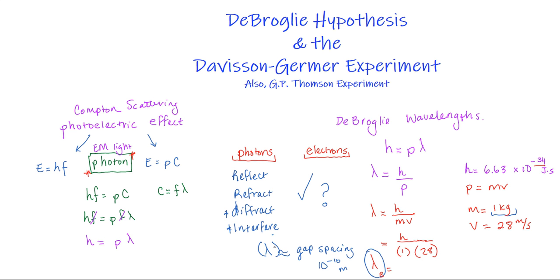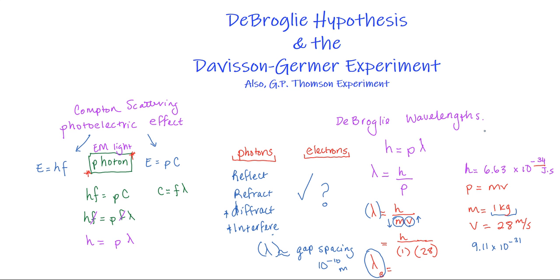If the wavelength is way too big, then you don't see the diffraction because it won't actually diffract through those little openings. But electrons moving at very high speeds, so as v goes to a really big number, and m, electron mass, which is on the order of magnitude of times 10 to the negative 31st, if that goes down and this goes up, and this denominator becomes very small compared to Planck's constant, we see that we will start to get wavelengths that are actually closer to gap spacings in molecules.